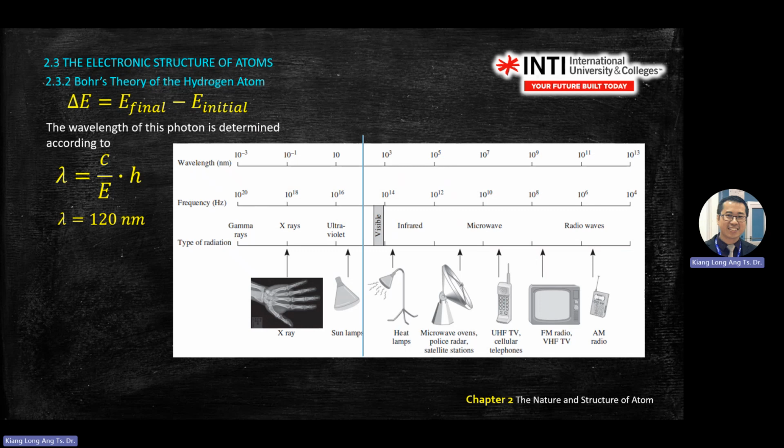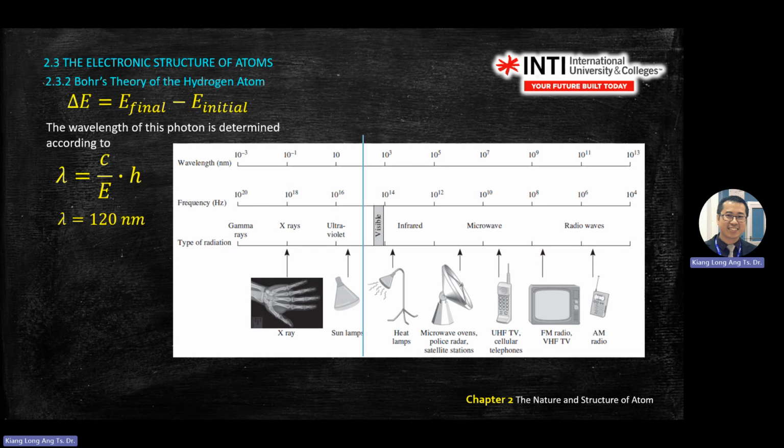So what type of radiation is it? It is beyond visible light and moving towards what? Ultraviolet. Means it's here already. If you move to the left, it will fall into ultraviolet. Means you cannot see it, because it's outside the visible light range.